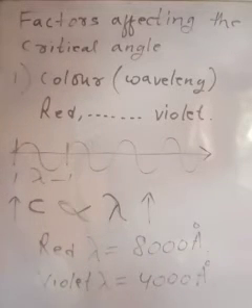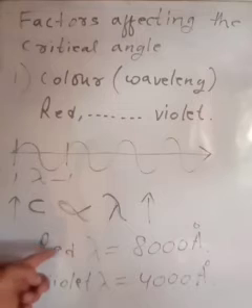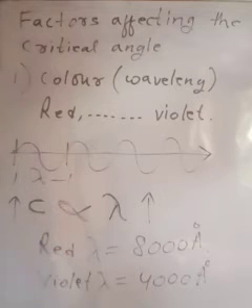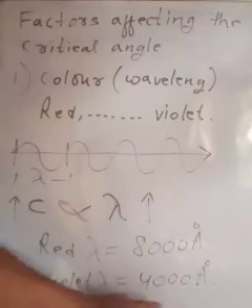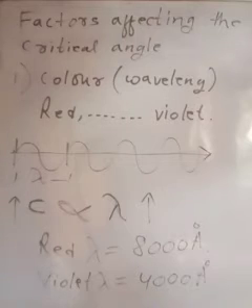It means when you increase the wavelength, then critical angle also increases. Red is maximum, violet is minimum wavelength of visible light. Critical angle will be more for red light and less for violet, because violet has only 4,000 angstrom.